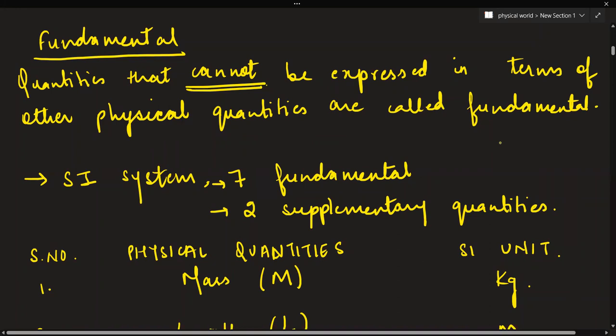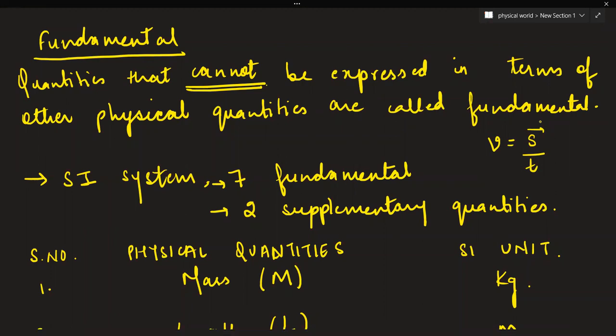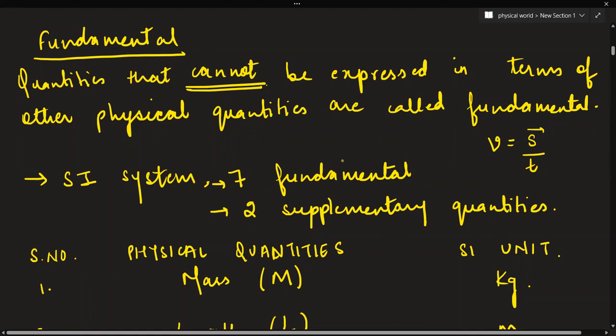We have velocity, which I think you must have studied in your 9th standard also. Velocity is distance, or displacement, covered by time. Let me use the word distance because I think you must be familiar with the term. See, distance is actually a fundamental quantity.